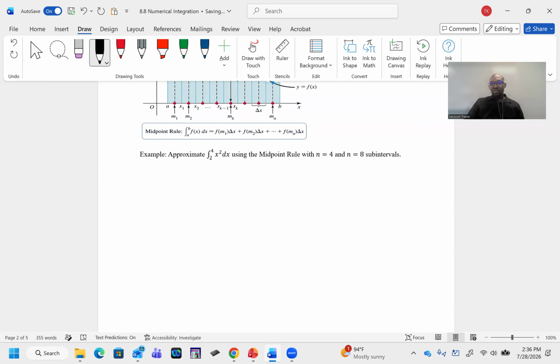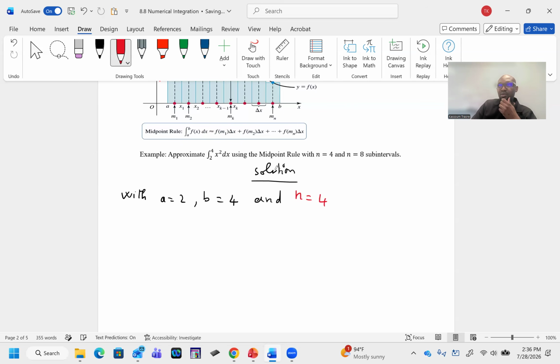So my solution will be: we know a is 2, b is 4, and n is what? We will take n is 4 first.